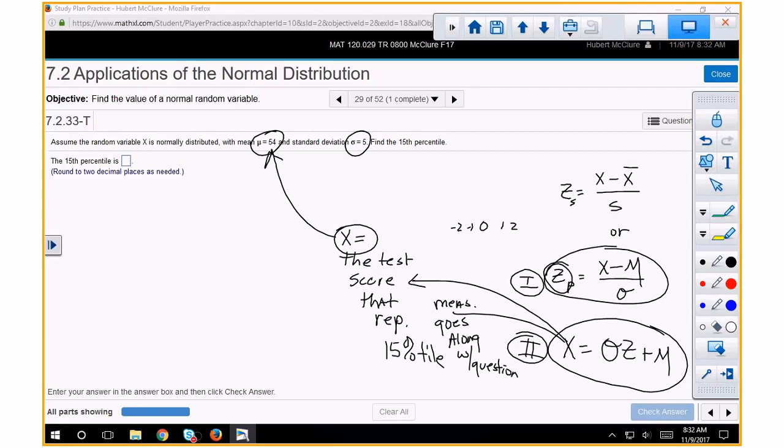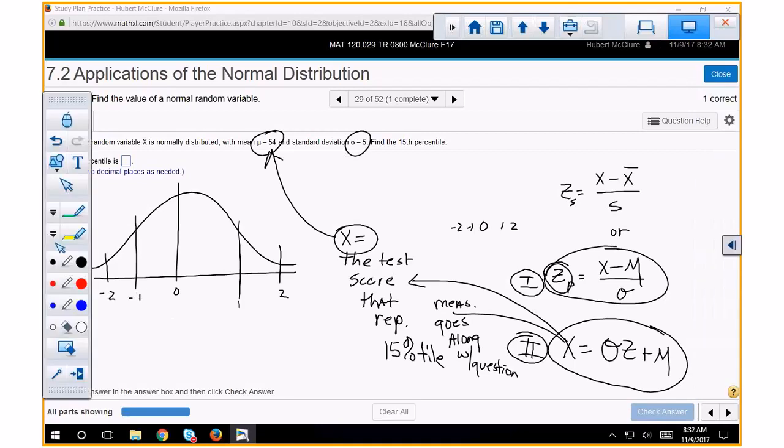So let's just draw a picture so we'll know what it's asking for. Have you got tired of drawing these things yet? You will. 0, 1, 2, -1, -2. Also, down on the bottom, we'll do it in a different color. 54 and 59 and 64 and 49, right?